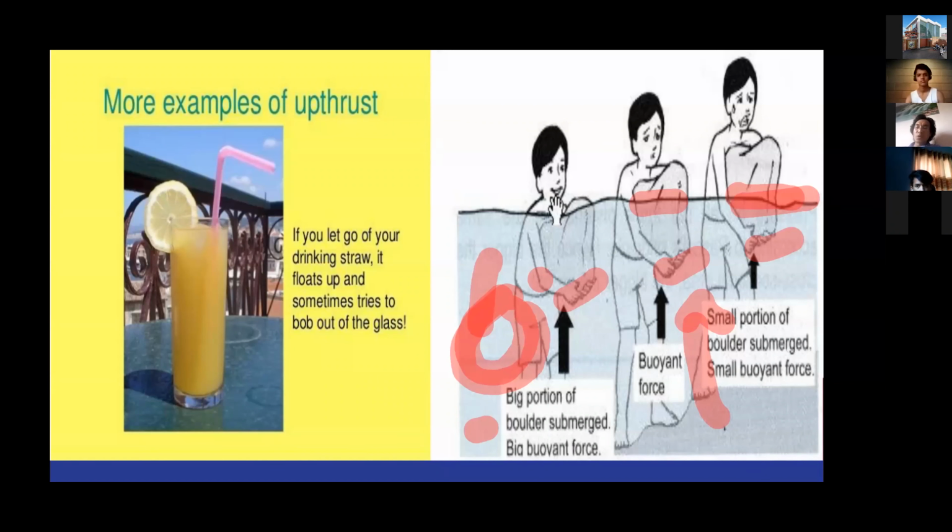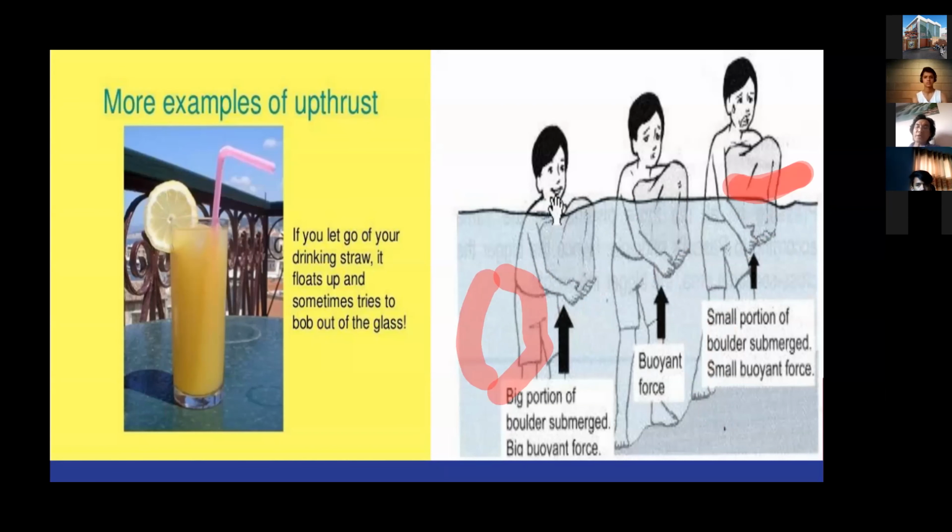So if I show the body in this state, completely immersed, and another body in this state, partially immersed, between these two states, in this state the body experiences more upthrust, because upthrust is a force which depends on the volume of the immersed part of the body, that is, the volume of displaced liquid.